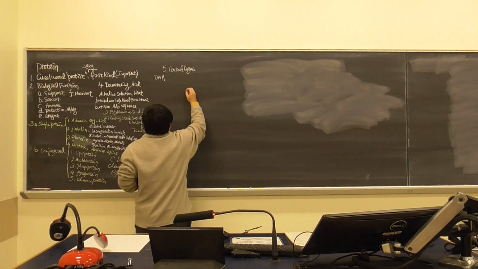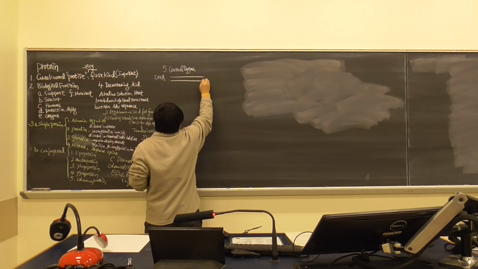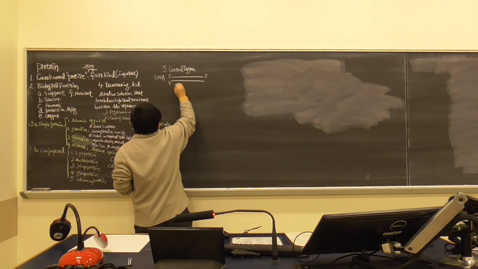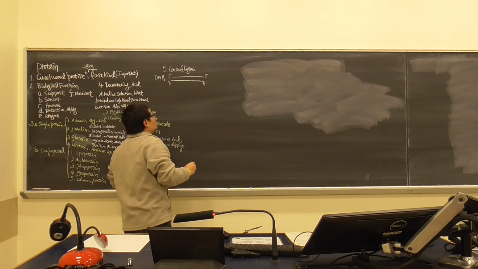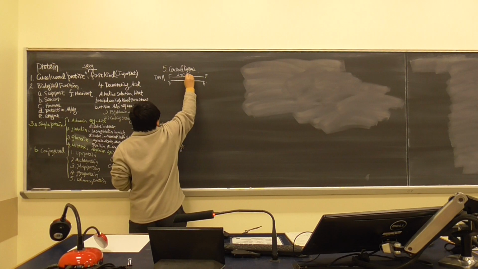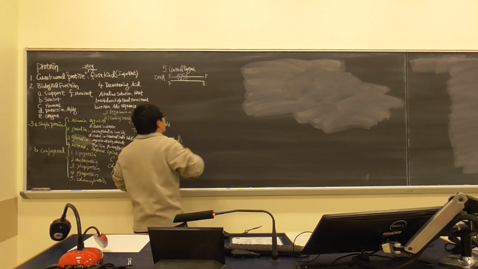Okay, a DNA sequence will be double stranded, 5 prime to 3 prime, and then 3 prime to 5 prime. And we have those genes. Let's say we have ATGC, then we have TACG. This is the double strand of the DNA.